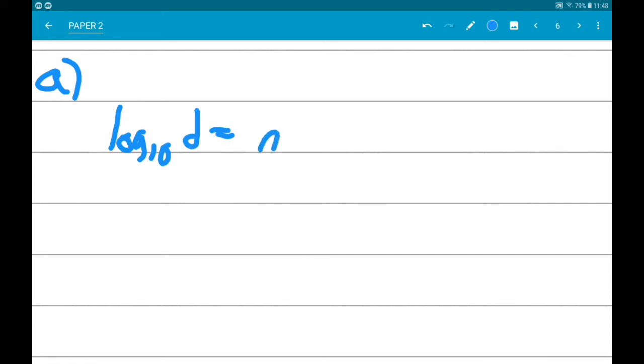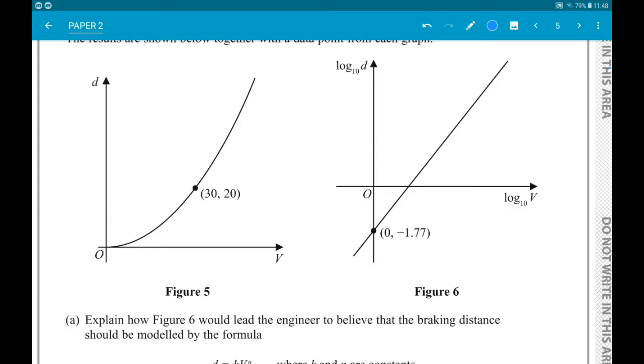So n is the gradient of the line. Now we know that c is the vertical axis intercept, so here that's minus 1.77.